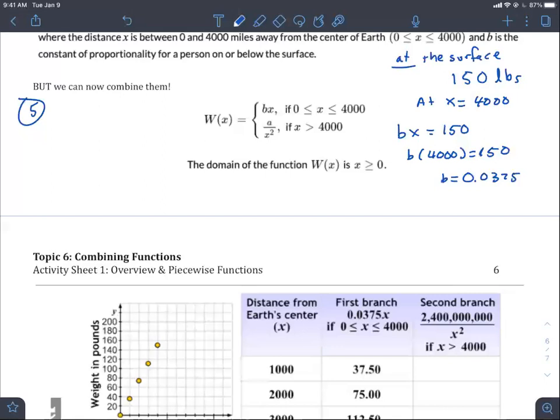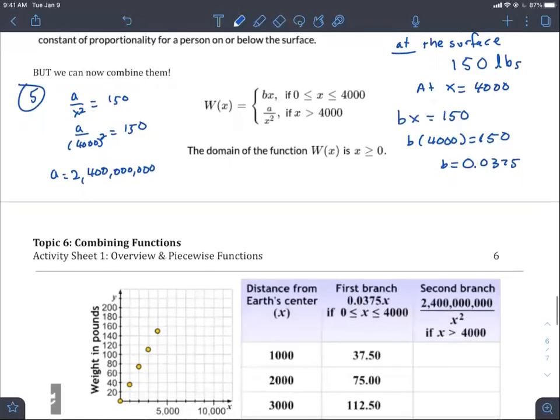To solve for A, we set it up so that A over x squared equals 150 when x equals 4,000. You use some algebra skills here, guys, and you solve for A. And A ends up being 2,400,000,000. It's a big number.